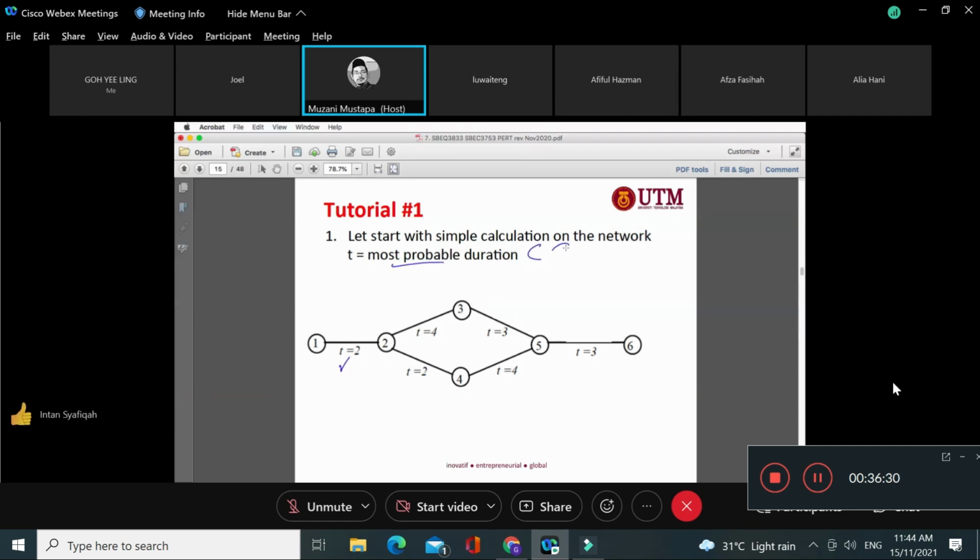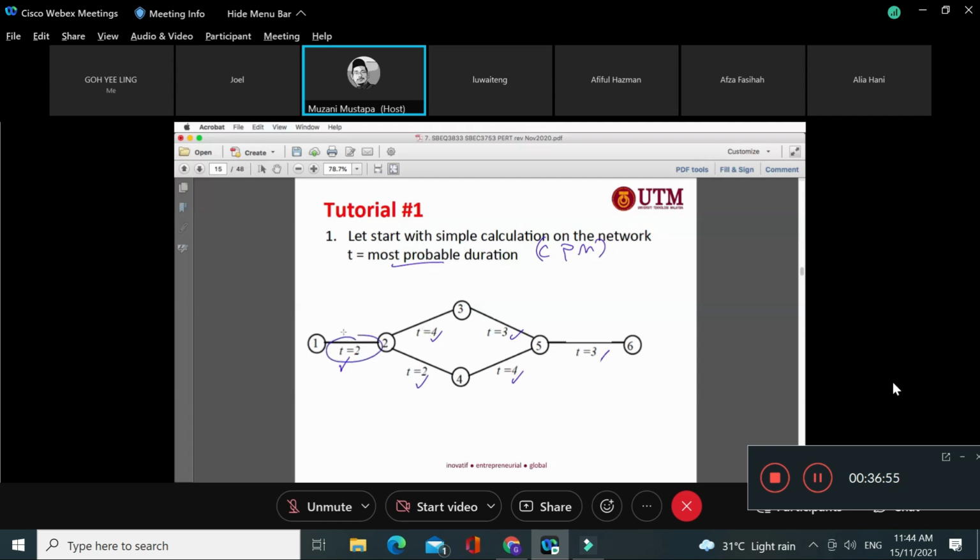So in CPM, this is what we call the technique of the network, activity on arrow. In this particular part, you can see there is only one single estimation here, which we call the most probable duration. But in PERT, we have to come up with 3 point estimates for each activity.